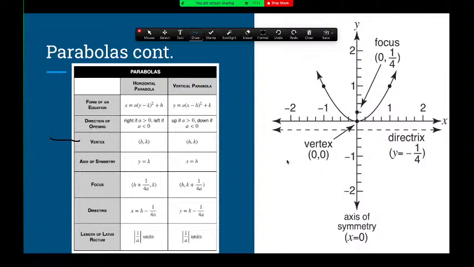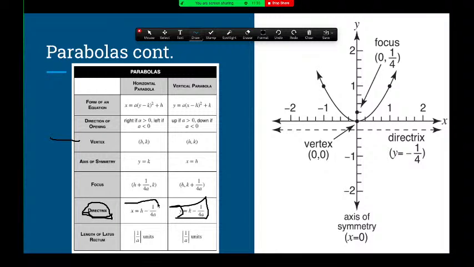Okay, Neil, you told me to go to the slides. Well, it's right here. This is the equation for a directrix.